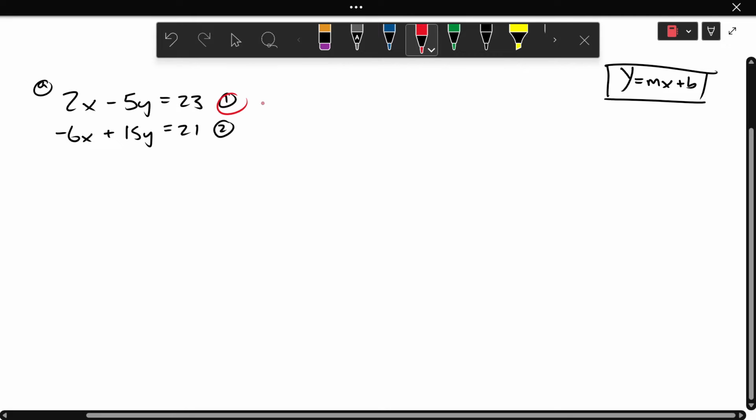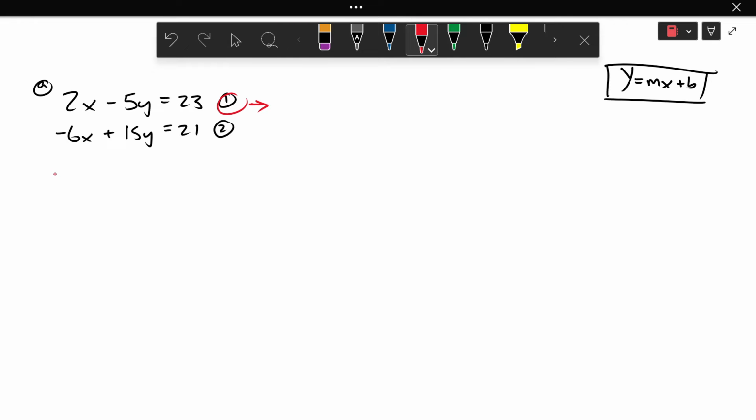this one, and I put it in y equals mx plus b form, let me just do it down here. I'm going to rewrite it, 2x minus 5y equals 23. So I'm going to move this to this side, leaving the negative 5y by itself, and this becomes negative 2x on this side, plus the 23 that was still there.